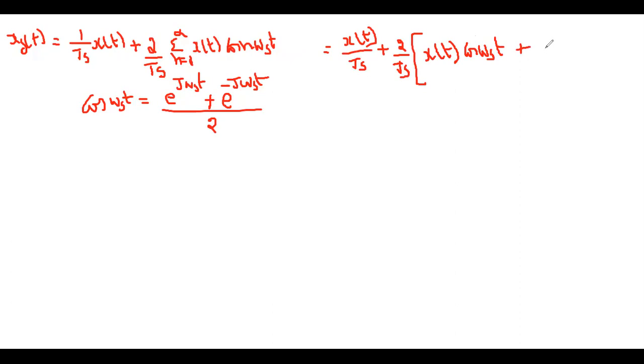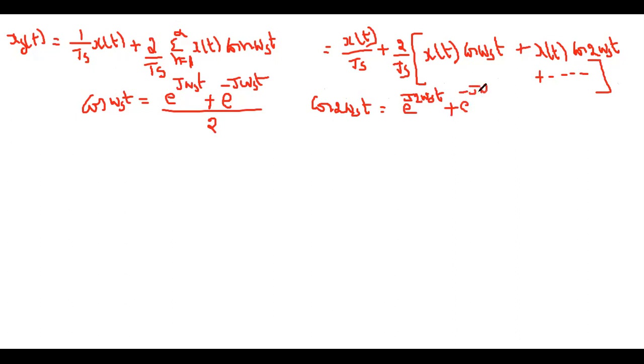Plus x of t into cos 2 omega s t, and so on. Got it? Because it starts from n is equal to 1 to infinity. I wrote cos omega s t, and similarly cos 2 omega s t is equal to e power j 2 omega s t plus e power minus j 2 omega s t, by 2.